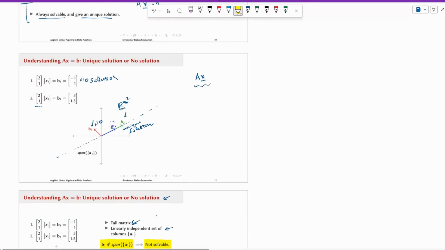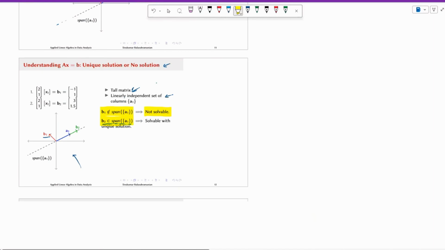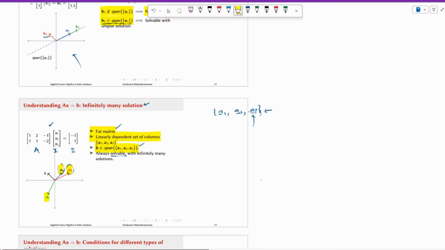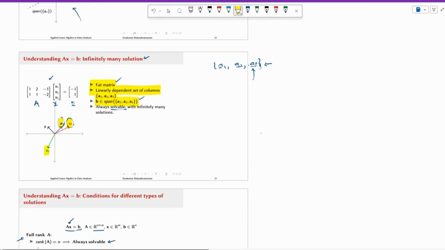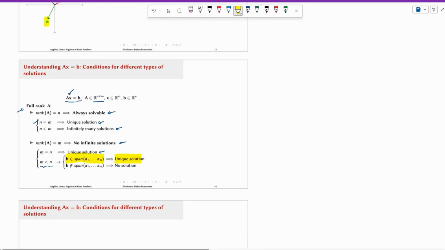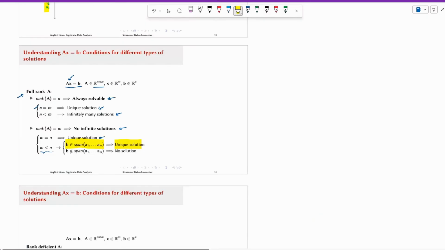Not square. You either have, when B is not in the span of the columns of A, no solution. When B is in the span of columns of A, unique solution. Next one. Rank is equal to n. Fat matrix, full rank, always solvable, and infinitely many solutions. Okay, that's when A is full rank.